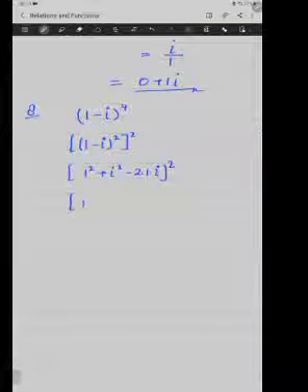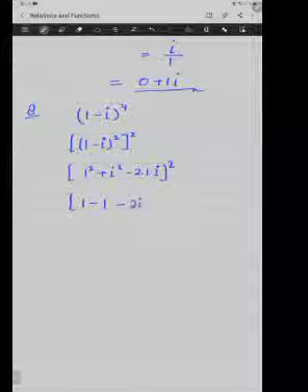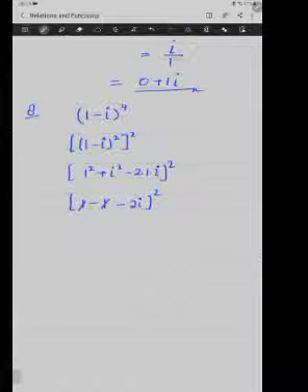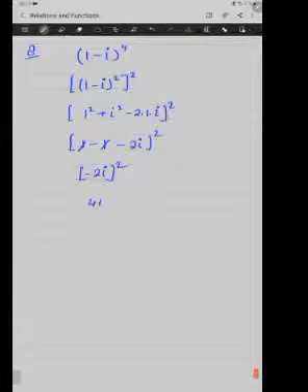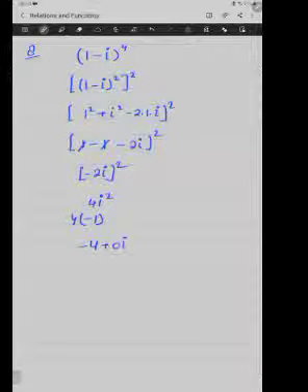It will become 1 minus 1, since i square is minus 1, minus 2i, to whole square. 1 and 1 get cancelled. Minus 2i to whole square will be 4i square. I square we know is minus 1, into 4. One step extra. Minus 4 plus 0i. This will be the complex form answer.